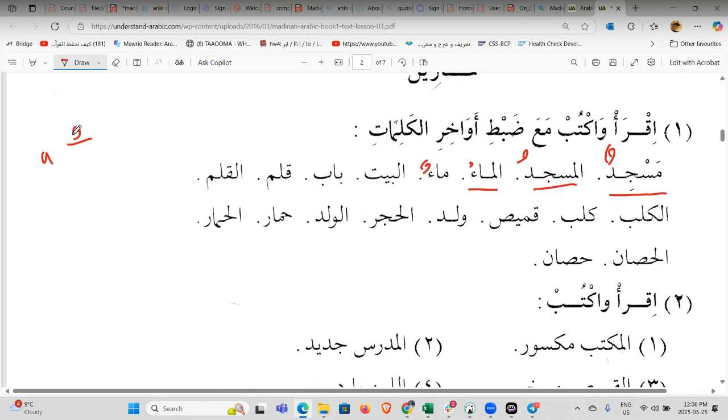When you don't have the tanween, it's like the in English. Of course, it's more complicated because you have no tanween, we also have the alif and lam. These together are the in Arabic. Okay. So go ahead.